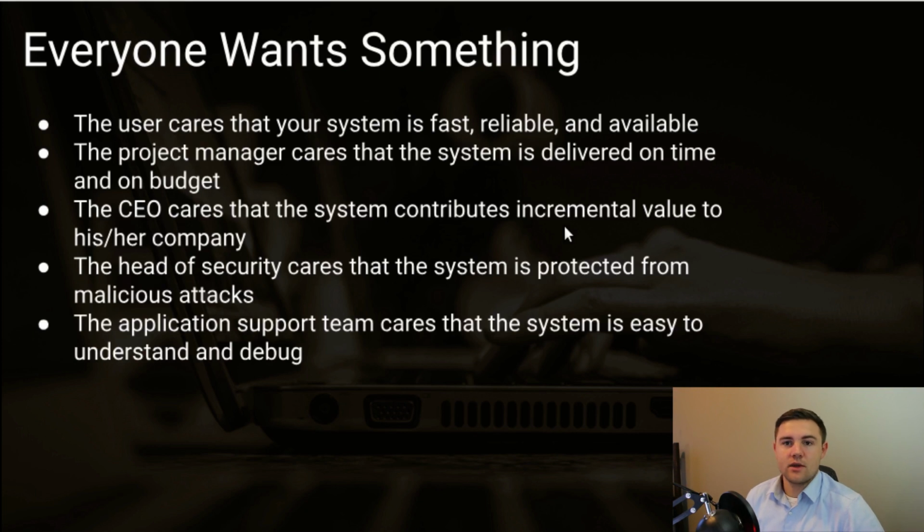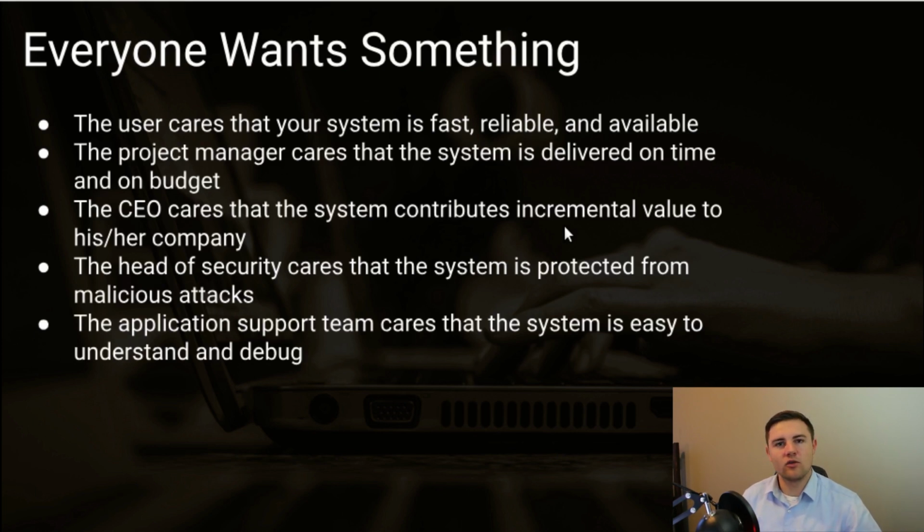When you're defining the architecture for your system, you have to consider multiple stakeholders. As you can see, everyone wants something. You've got the user who wants the system to be really fast. You don't want to log into Netflix and experience some error where the streaming is all choppy.